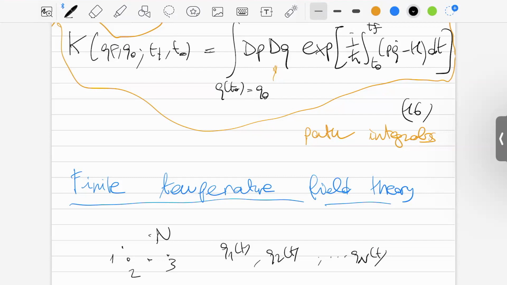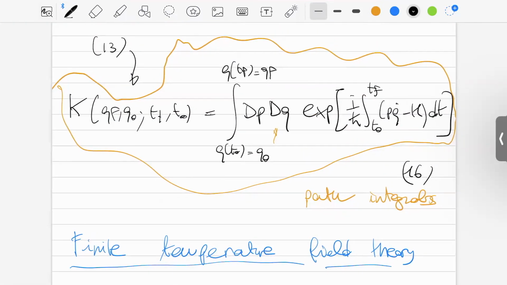In this case, it's like having an infinite and continuous number of coordinates q. At every point in space you can associate a number. x is a real number, so you have an infinite number of points, and to each of these x you have some value phi. So x is our new label; it's not 1, 2, 3, n anymore, but just a continuous label.